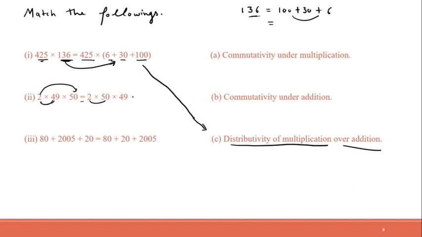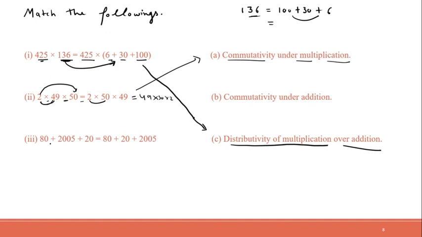We can write this as well: 49 into 50 into 2. It will not make any difference because no matter in what order we multiply, we'll get the same answer. This is what we learned in our first class of properties of whole numbers, right? Here is the sign of multiplication, so this is commutativity under multiplication. So I'll match this with this one.